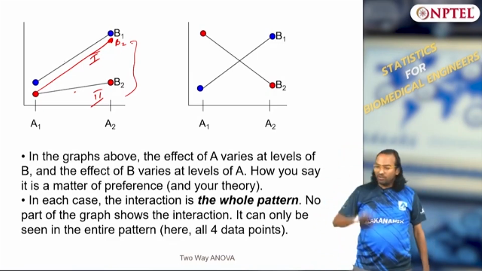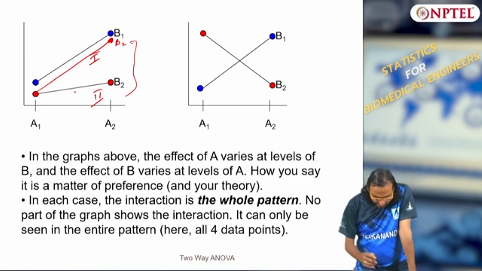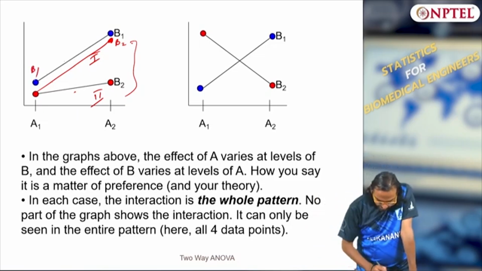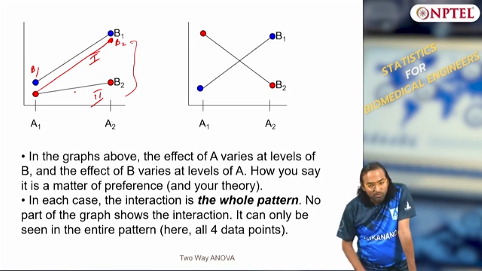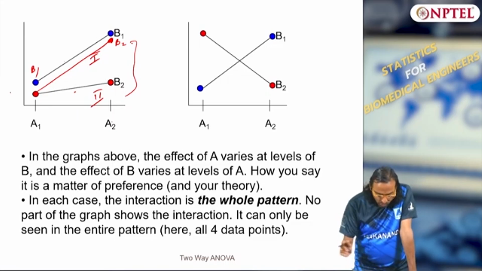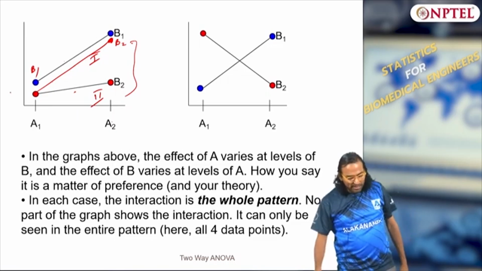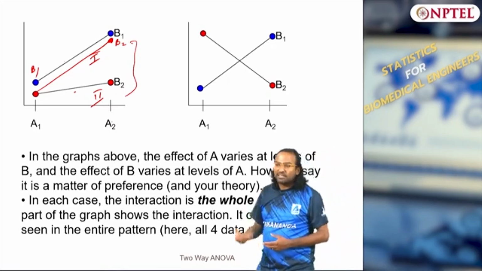Forget the blue line, I have 1 and 2. Look at this: which one has more interactions, case 1 or case 2?